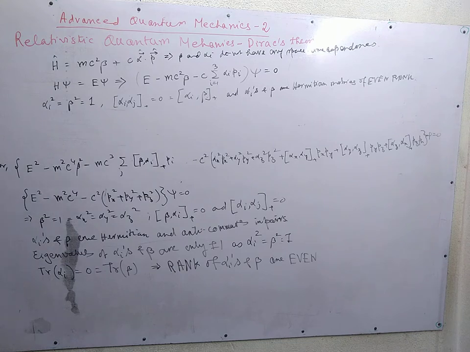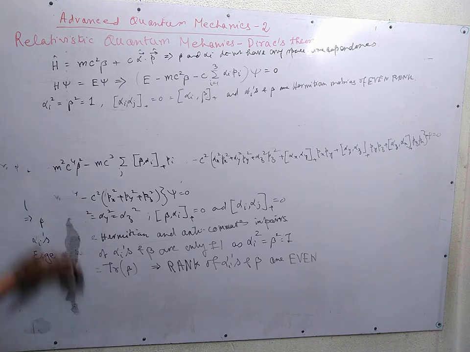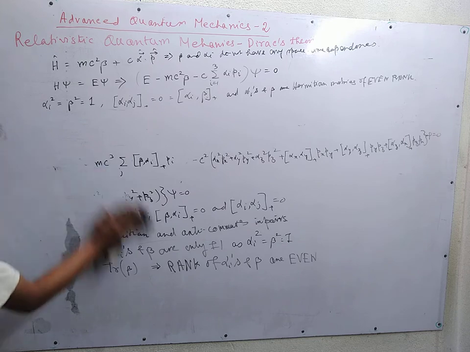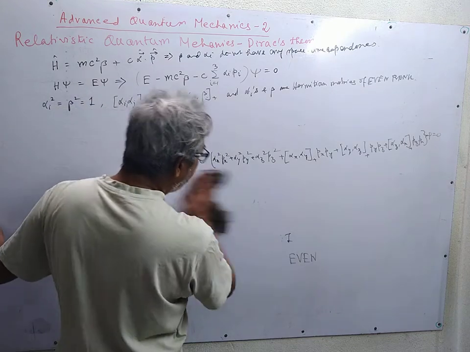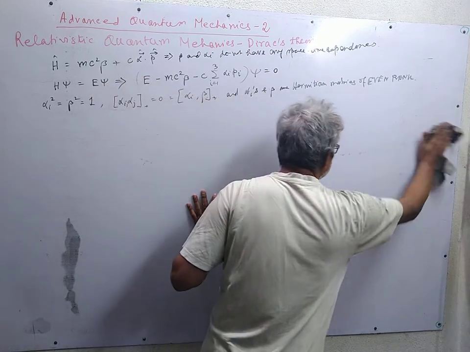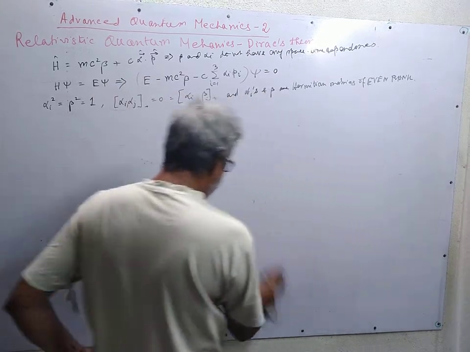Now, we know from beforehand that the Pauli spin matrices were introduced. They are 3 2 by 2 matrices, sigma x, sigma y, and sigma z.